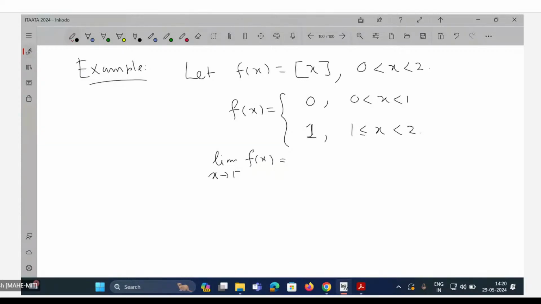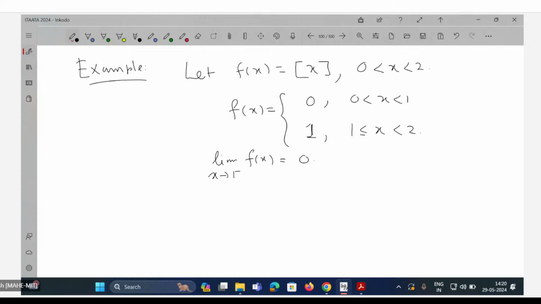What is the value of f(x) when x tends to 1 minus? That means it is a left hand neighborhood of 1, so x is less than 1. When x is less than 1, f(x) is 0, therefore this limit will be 0.